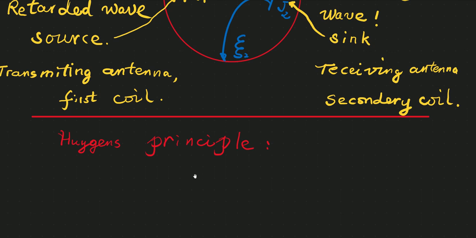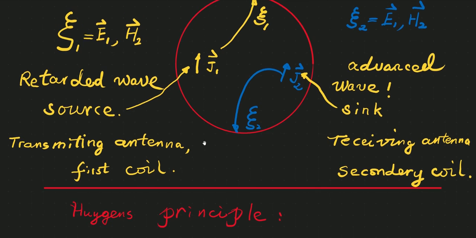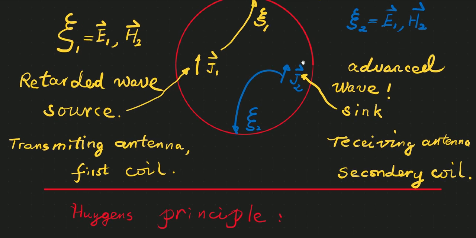The Huygens principle is very easy to get. Actually, it is just moving one current outside.